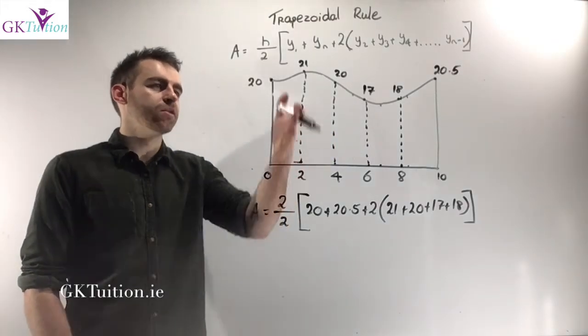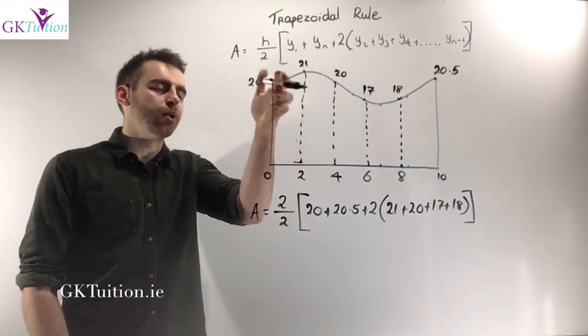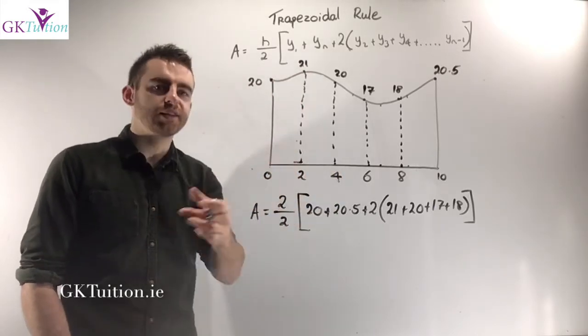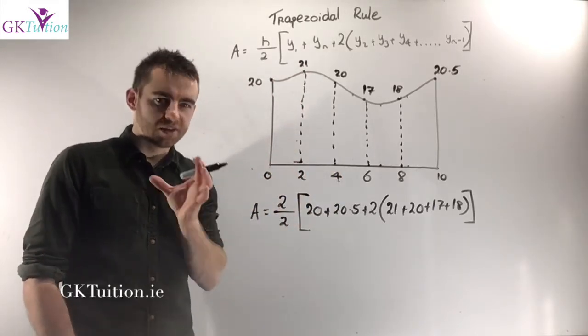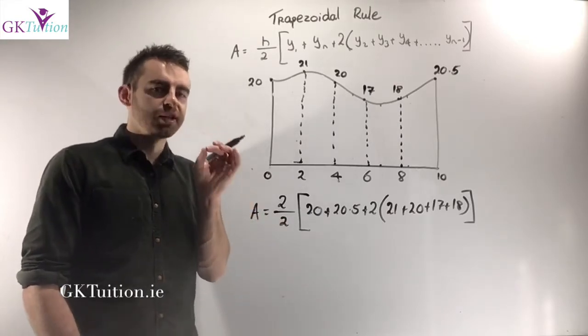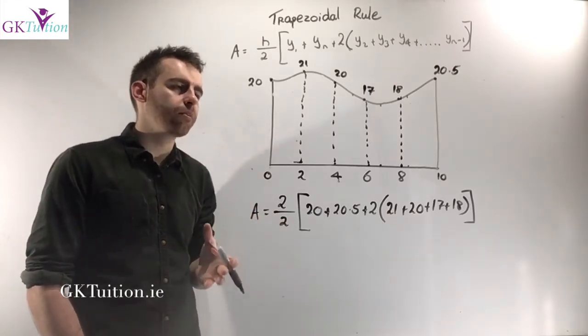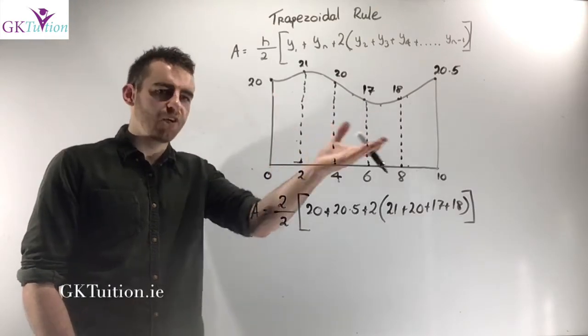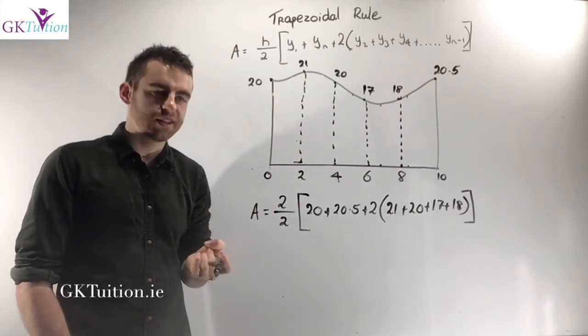Like for example, that is a width of 2 and a height of 21, or a width of 2 and a height of 20, and so on. Obviously that's not actually accurate. It's more or less going to be right, but that's why this is an estimate, because roughly we're pretending that this is just 5 rectangles when it actually obviously isn't.